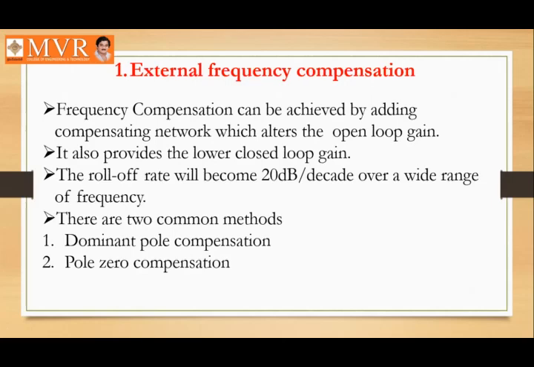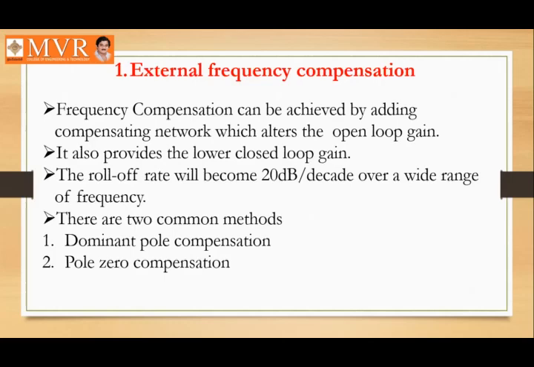By introducing this compensating network, the attenuation of the signal will be constant, that is minus 20 dB per decade. The roll-off takes place with constant attenuation. There will be no change like 20 dB, 40 dB, 60 dB; there will be only a single attenuation component, that is minus 20 dB per decade.